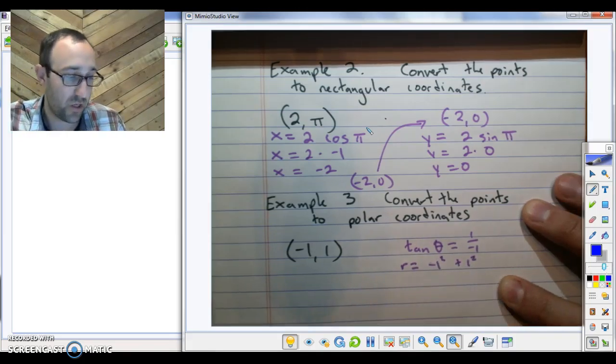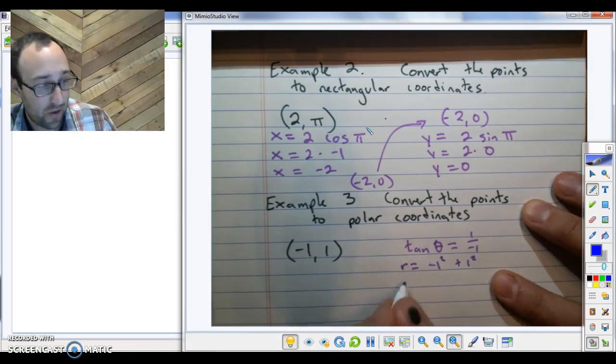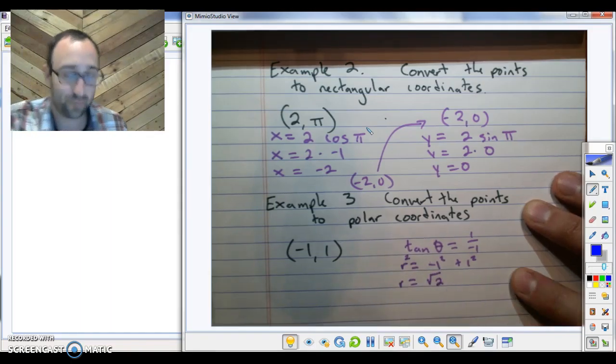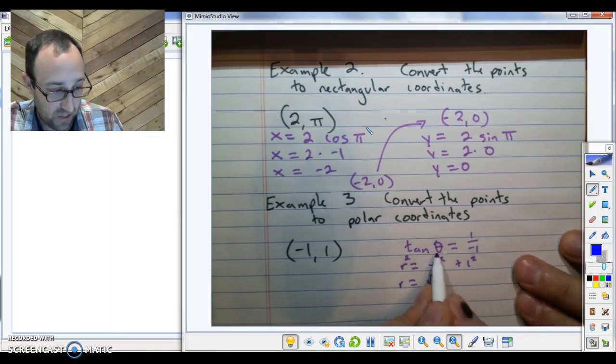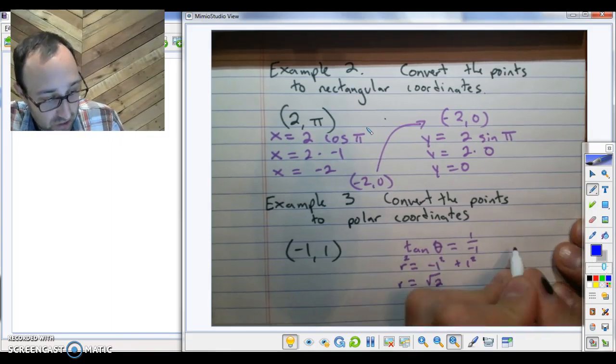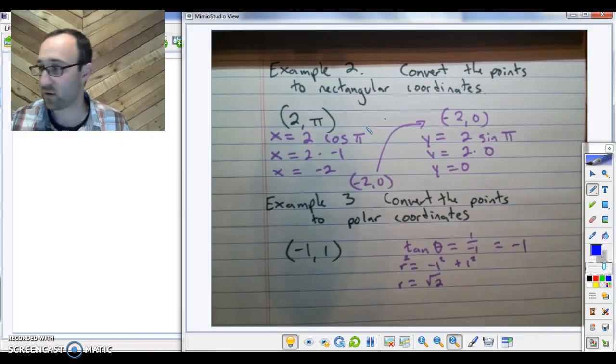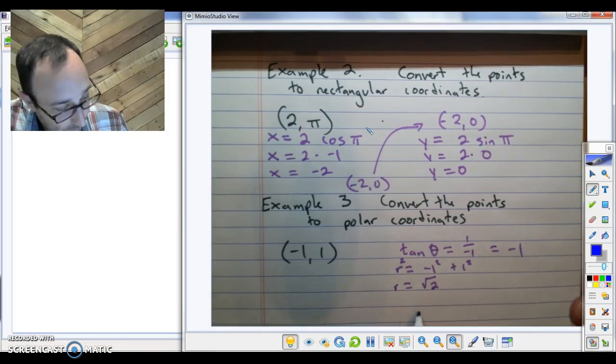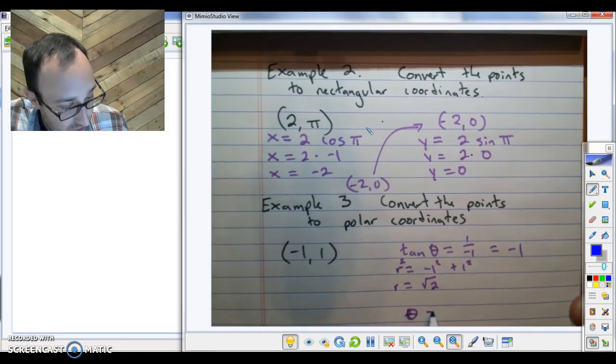So 1 plus 1 is 2, and r squared is 2, so r equals square root of 2. Okay, so tangent theta, 1 over negative 1, is just going to equal negative 1. So the inverse tangent of negative 1 is 3 pi over 4. So theta is going to equal 3 pi over 4.